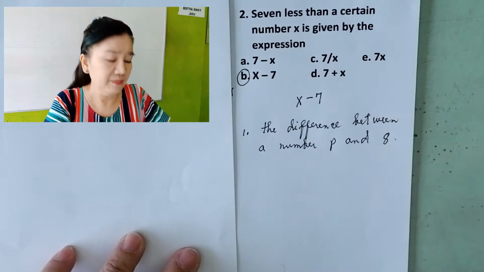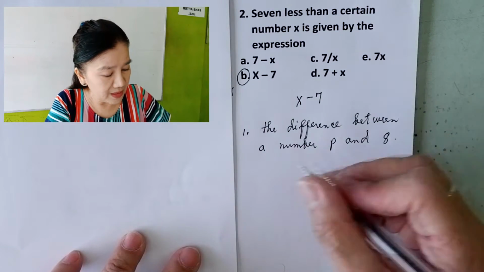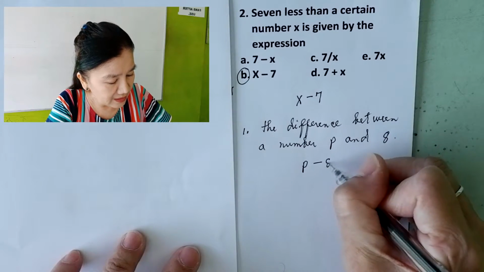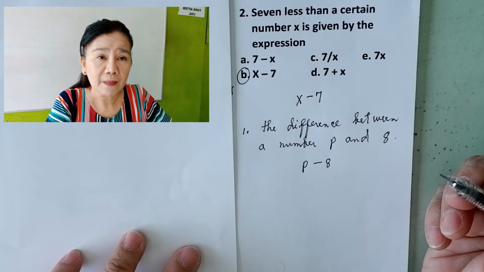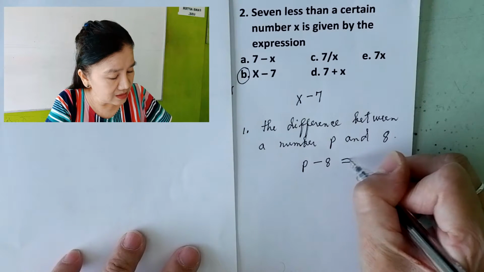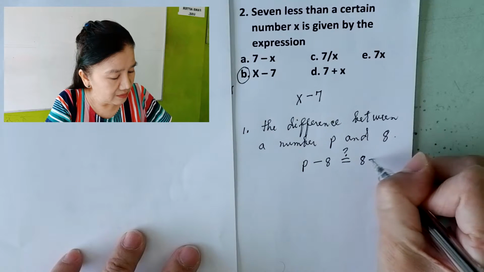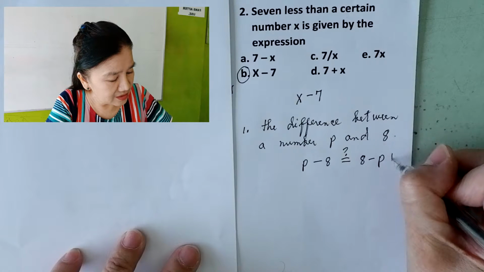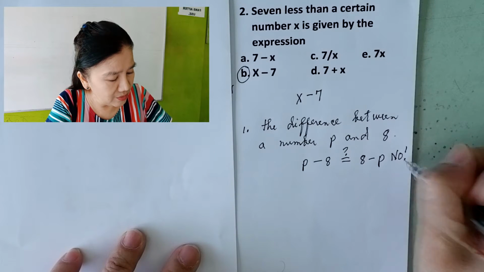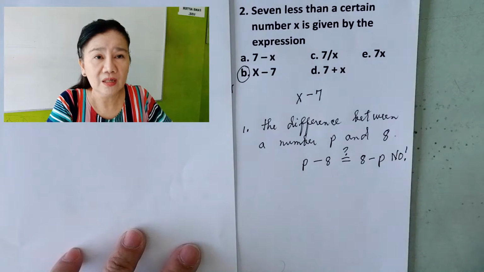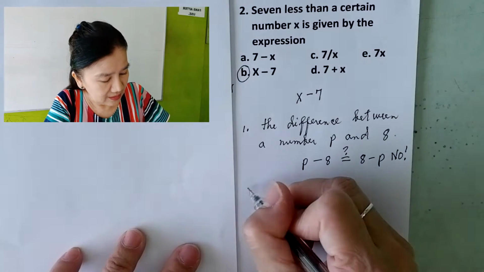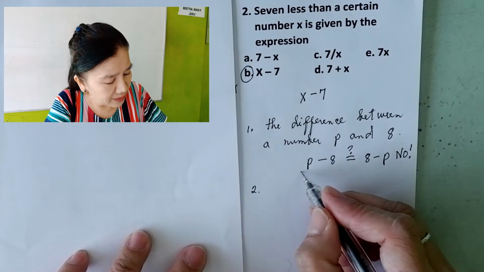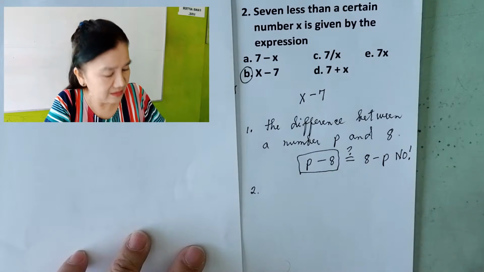Difference means minus. The difference between a number p and 8, so this is your answer. Now, the question is, is this equal to 8 minus p? The answer is no. There is no commutative property for subtraction. So the correct answer in number 1, by the way, is p minus 8.